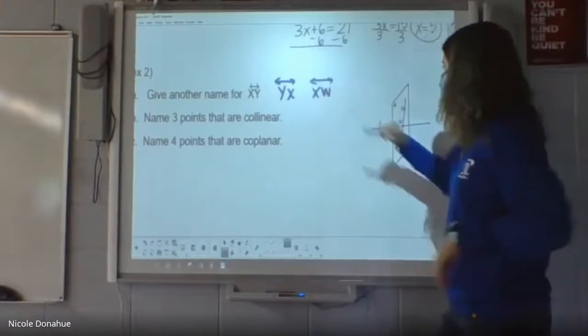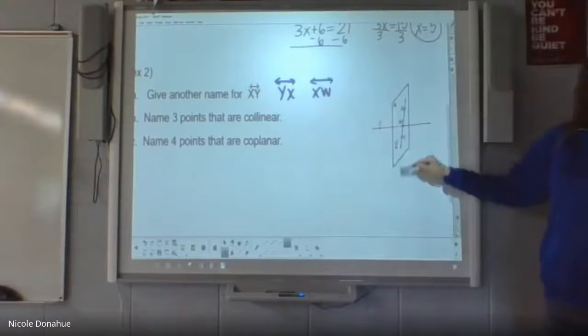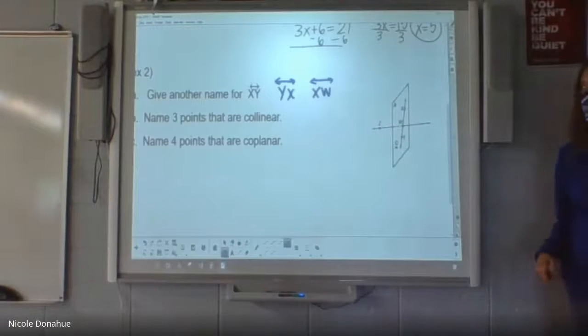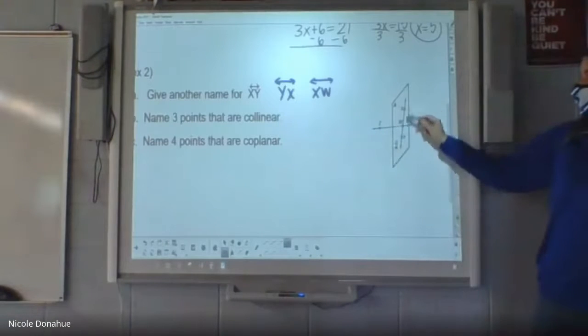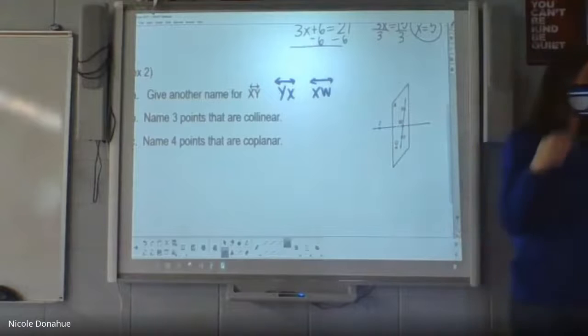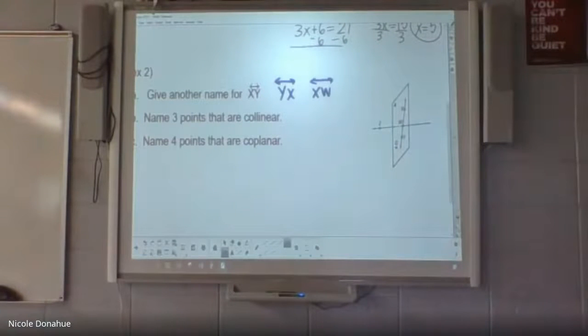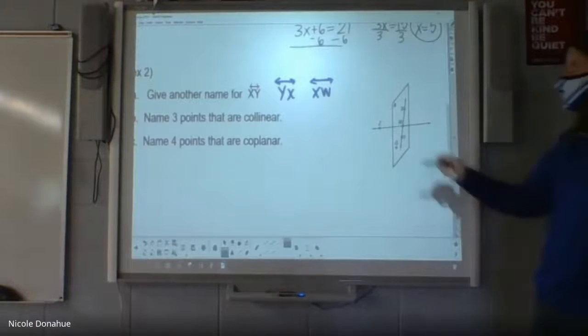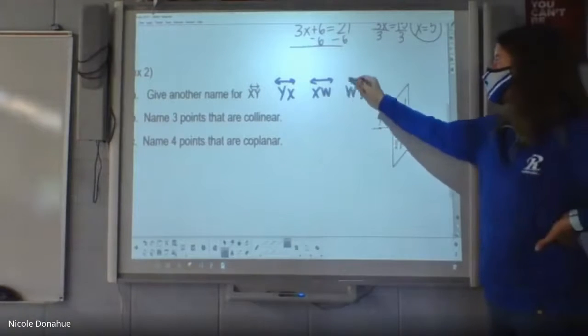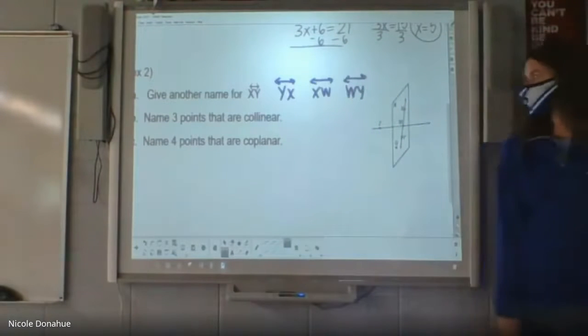Because it's a line, if I go through W, it's automatically going to keep going through Y. So these names are all okay. You can keep going through that same line, and it's still that same line. So XW is also acceptable. And so would WY be okay? And then obviously the flipped versions of all those.